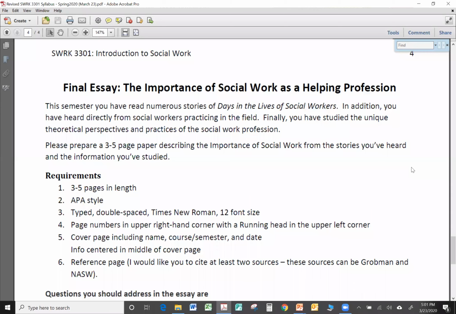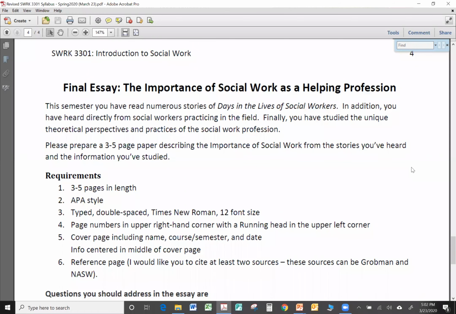For me, the most important thing about the Introduction to Social Work course is not my lectures, it's the stories that you hear and the stories that you read. So I would like this paper to be a reflection of the semester and what you've garnered from your readings and what you've heard, but also a little bit from the lectures.